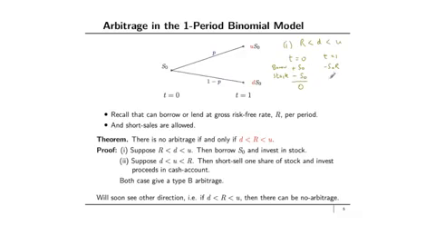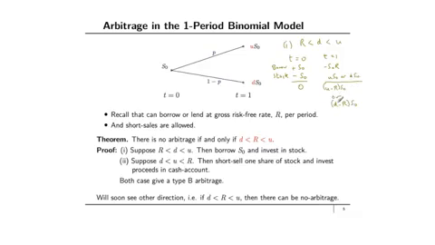That's going to be worth US0 or DS0 at time t equals 1. And we're going to use these proceeds to pay back the borrowings. The net cash flow here then is US0 minus RS0 if the stock price went up, or it's DS0 minus RS0 if the stock price went down.